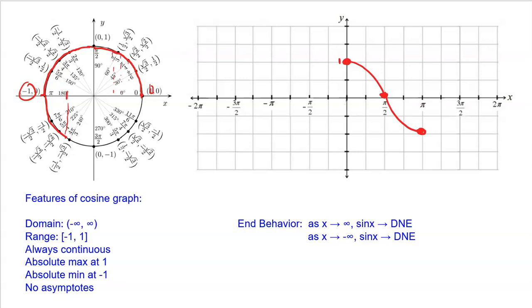And then at 3 pi over 2, it comes back up to 0. And then they keep getting bigger. Now my x-coordinates are positive, and they're getting bigger and bigger until at 2 pi, it's back to 1. But again, this pattern is going to continue.